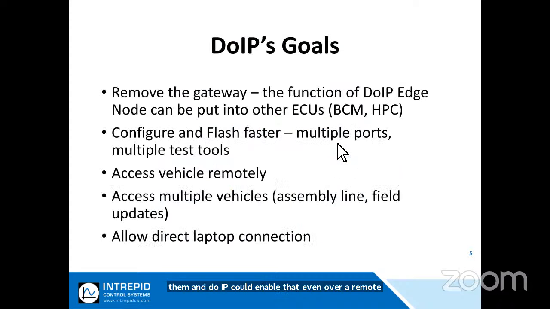So let me keep on moving here and just talk about what DoIP's goals are. You could say that we're trying to remove the gateway. So for some companies, you'll have a gateway that has to protect or be the middleman between the service tool and the rest of the vehicle and connect up to all those networks, okay?